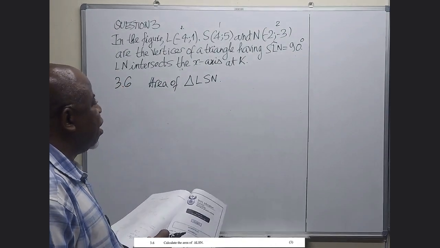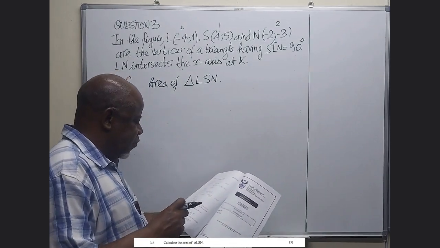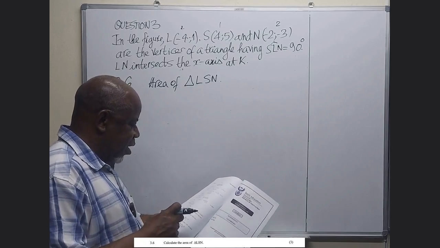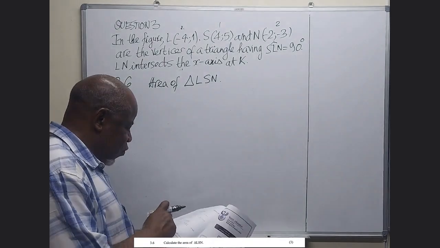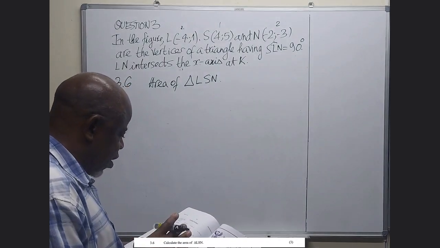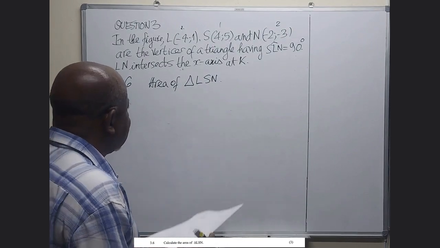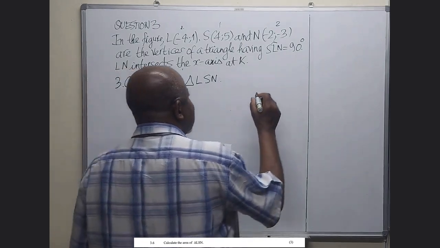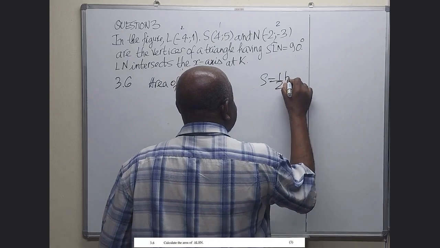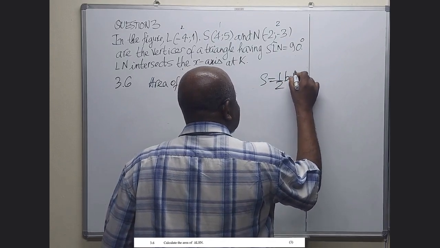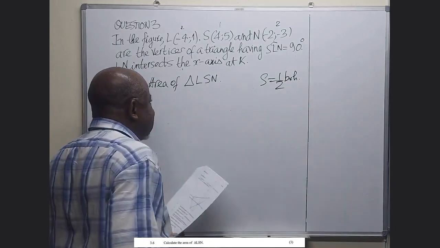That is 1 over 2 a times b times the sine of angle C. So we can also use that formula we're having on the formula sheet. But here I'm going to consider this simple one. The area of the triangle is half base times height.